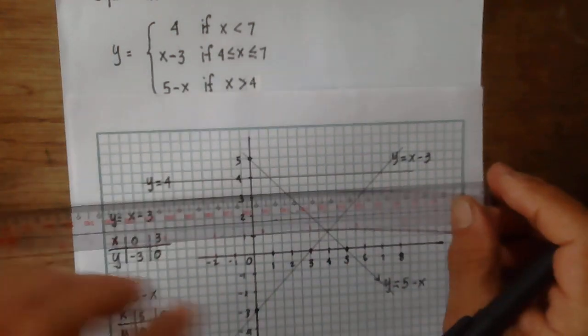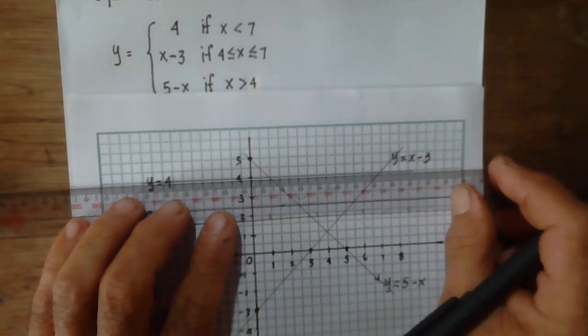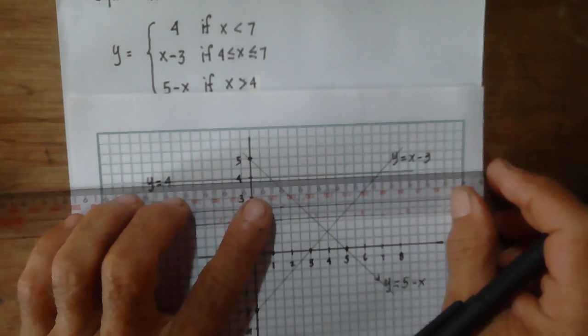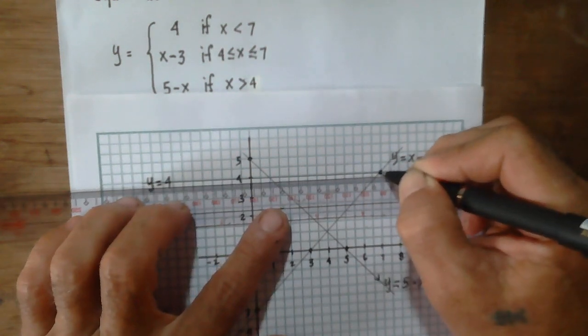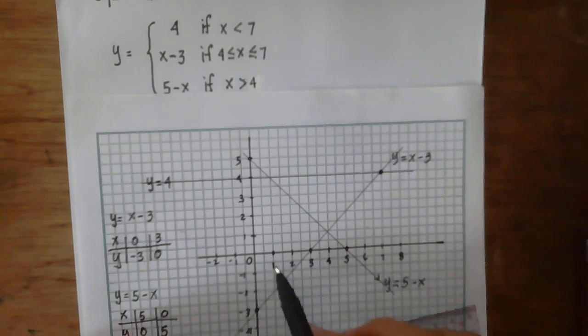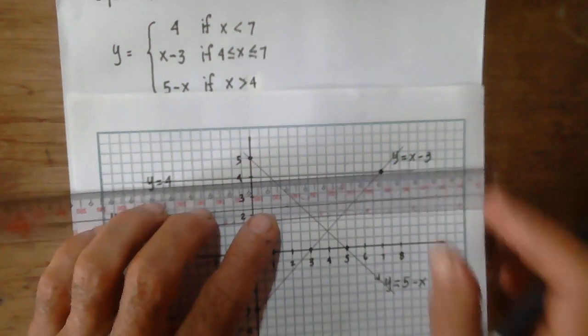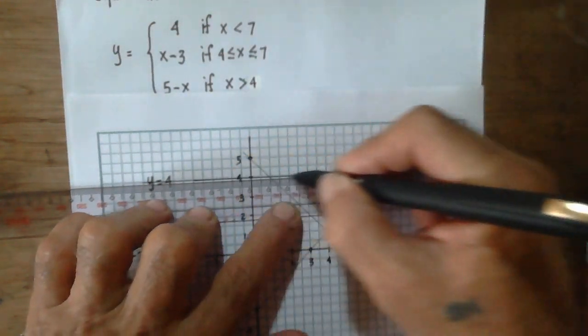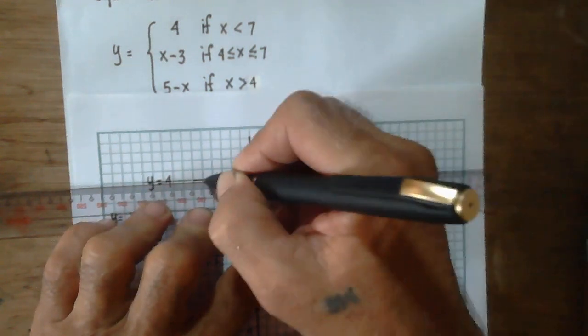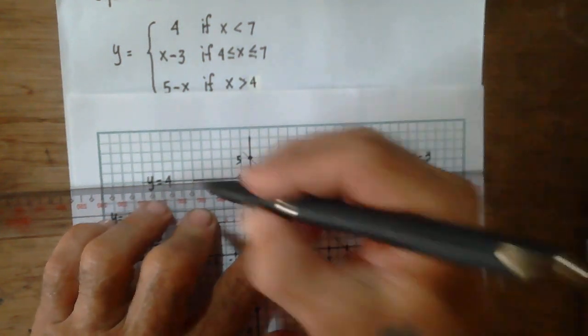Now, we mark or we draw the graph corresponding to the interval or condition. For the first line, we have this restriction that x is less than 7. So from here, this is x is equal to 7. We are going to draw the graph corresponding to that condition or to that interval.